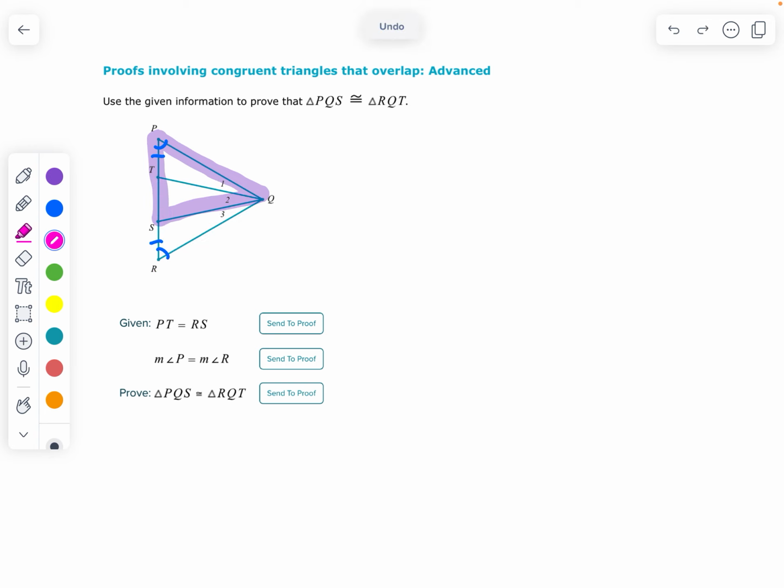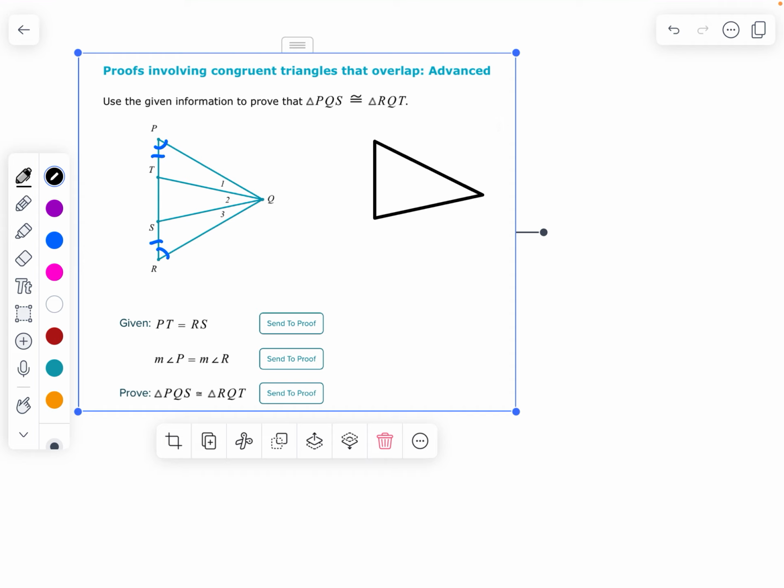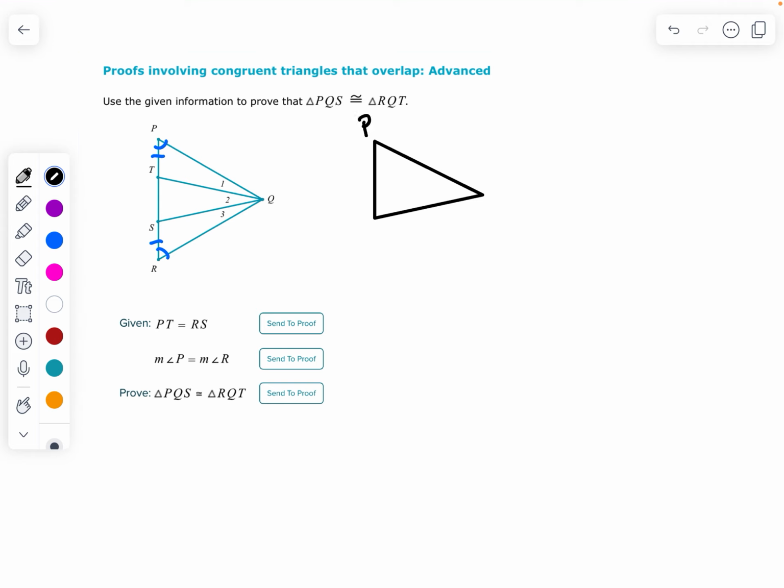Okay, so I'm going to go ahead and draw some of these. Let's see. So we've got this guy. Goes this way. PQS.